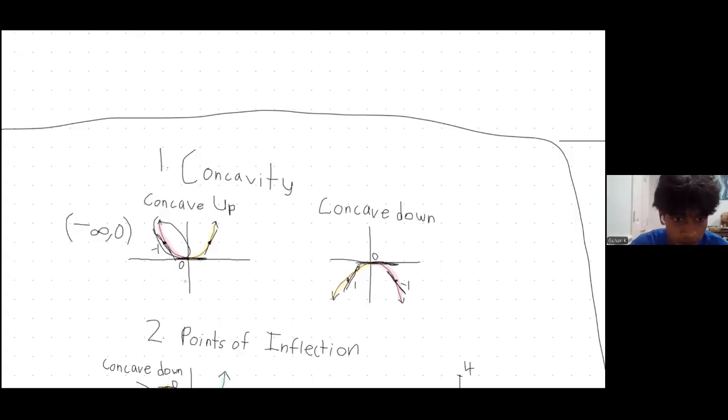And then in this portion right here, the rate of change is increasing while the y values are increasing. So it's going up, and then it's going up at a faster rate of change. So it's getting more steep. Concave down is the same concept, except here the graph is increasing as the rate of change is decreasing.